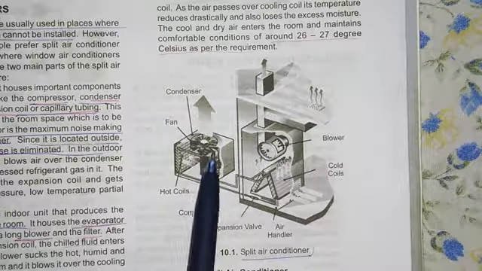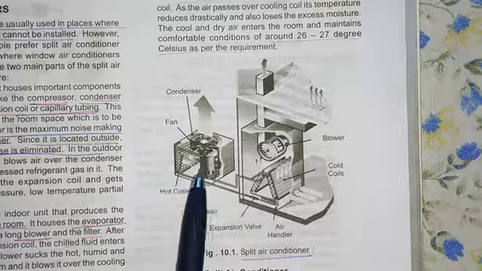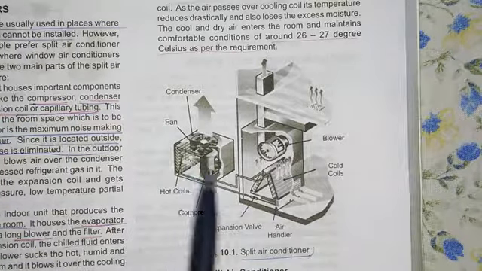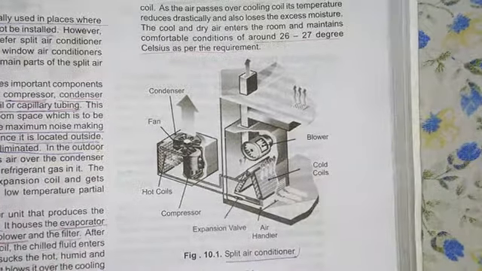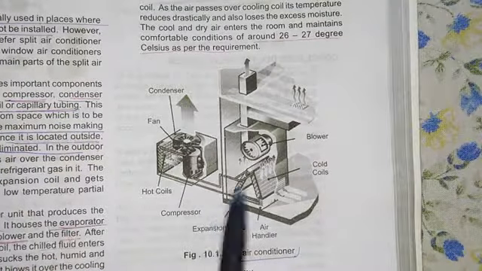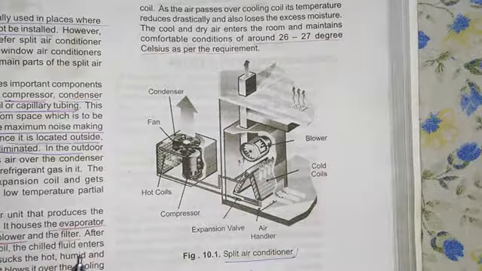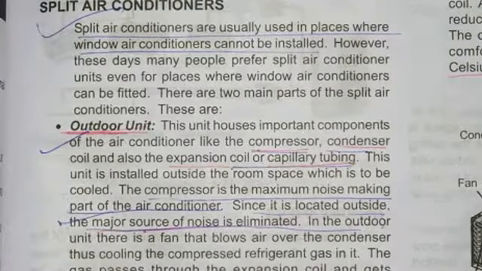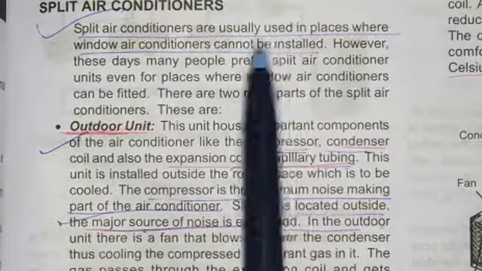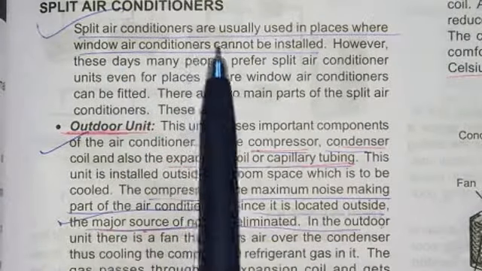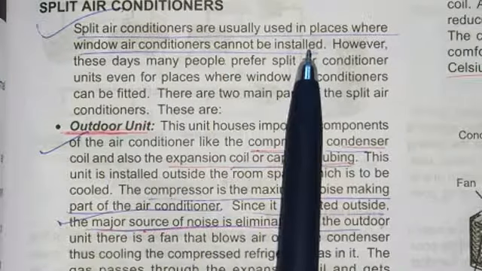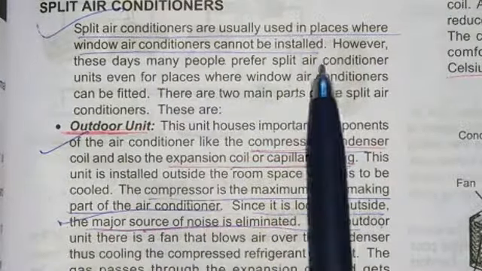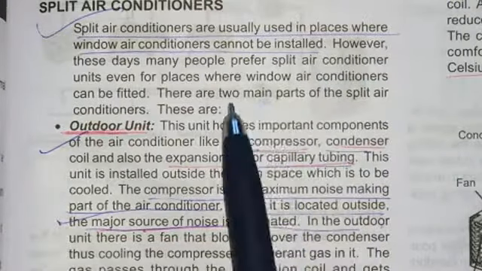The condenser and the fan, these units are outside, and the inside units are the blower, the cooling coil, and the filter. Split air conditioners are usually used in places where window air conditioners cannot be installed. These days we often see split air conditioners.